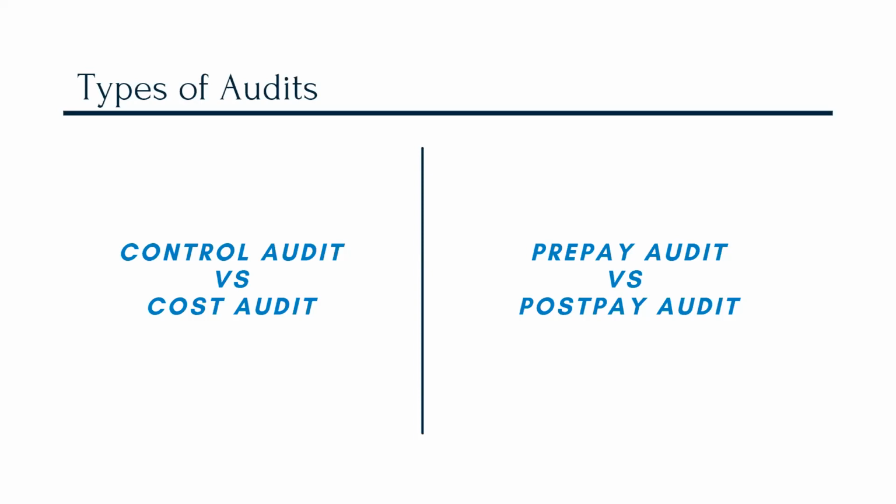The majority of audits we do are cost audits, but it's almost impossible to perform a cost audit and not have elements of control audits naturally surface, where process improvements are recommended and highlighted to the owner of the project or whoever's sponsoring the audit.